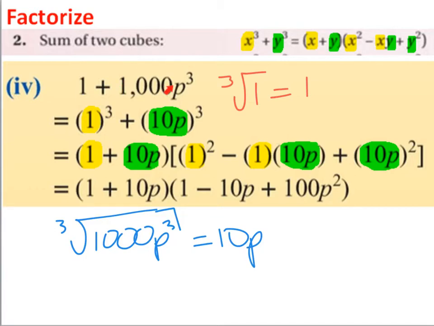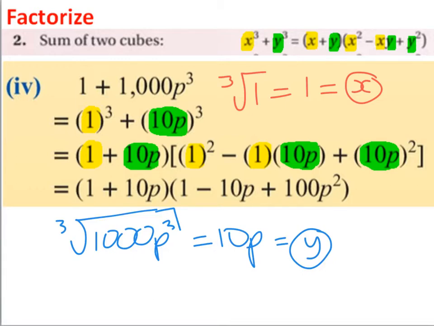So 1000p cubed can be rewritten as 10p to be cubed. So in terms of our formula, 1 is going to be our x, and 10p is going to be our y.